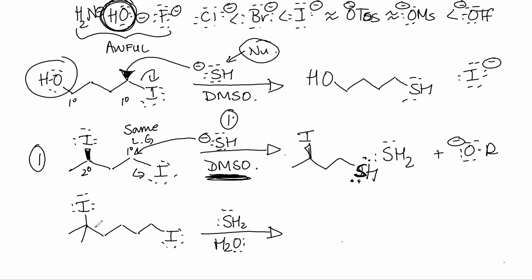Now we've got a tertiary, and now we've got a primary. So what I've done is I've done two things. I've reduced the nucleophilicity, so it's no longer got a negative charge, and I've made the solvent protic.